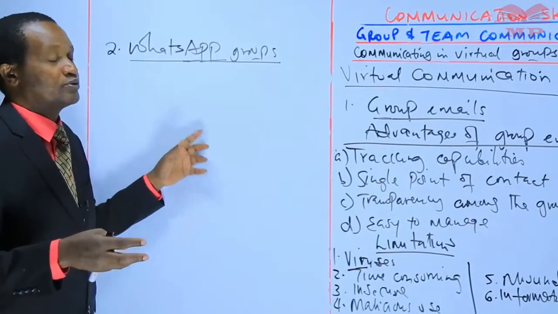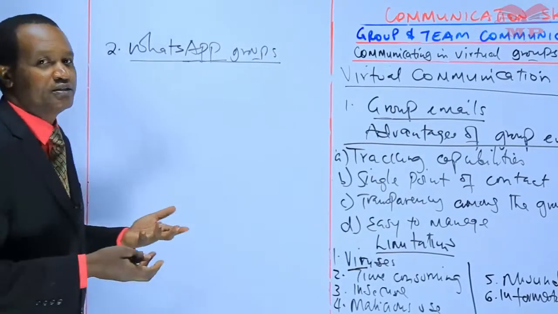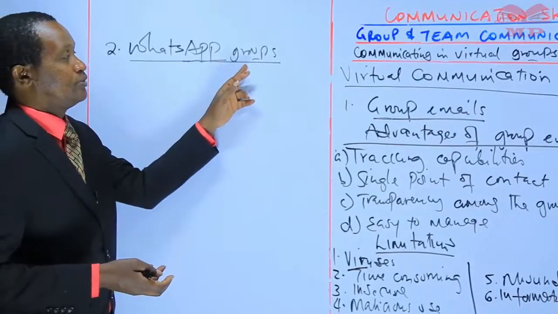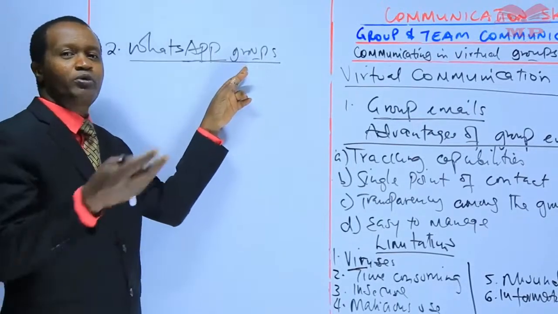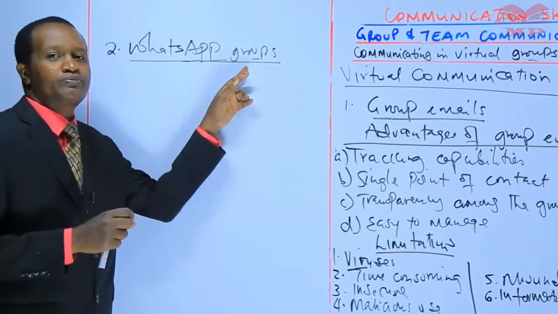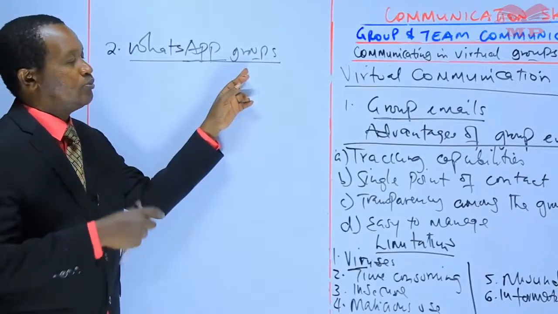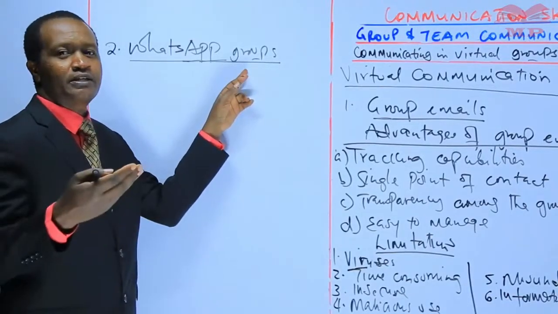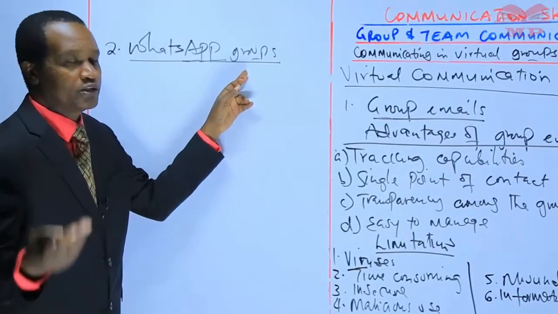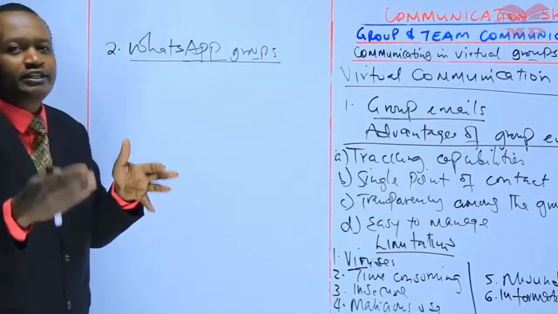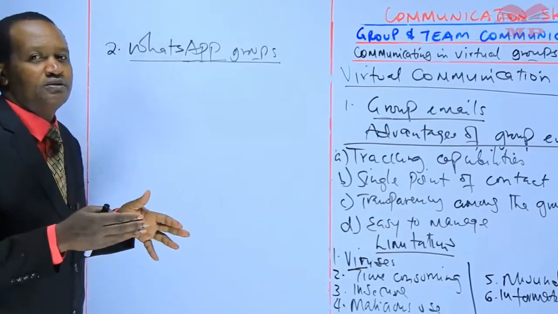And it's important to note that a WhatsApp group has a limit. If you are forming a group, WhatsApp may have a limit on the number of people whom you can add to the group. In a common WhatsApp group, you add at most 250 people in a single group or chat.